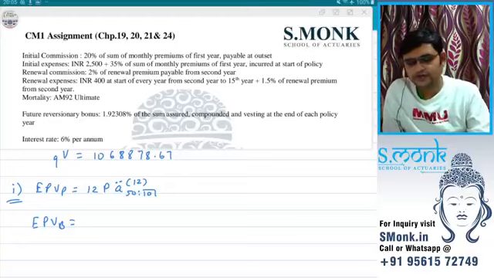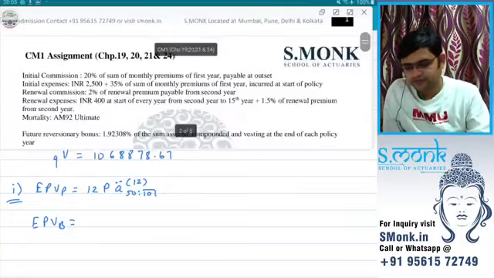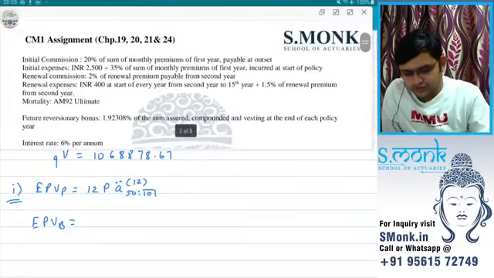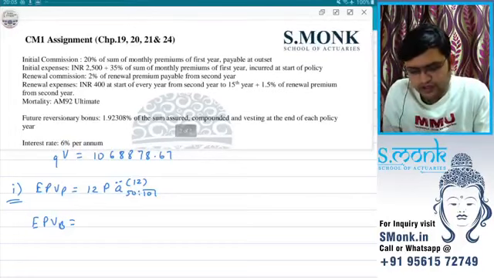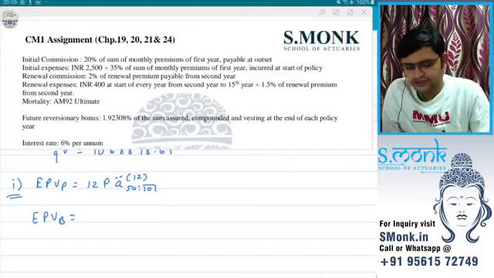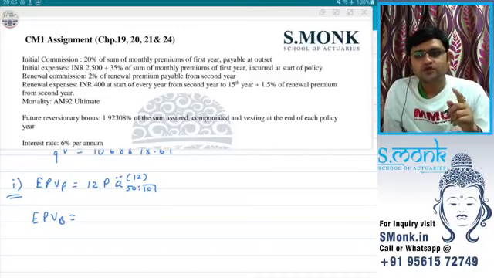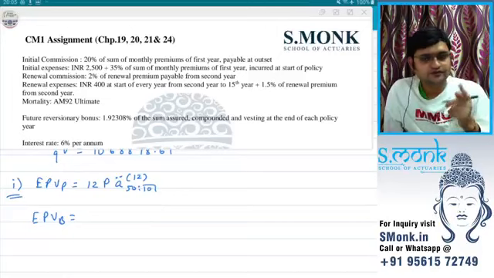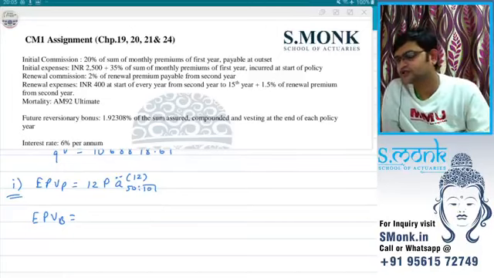We'll take the death benefit and survival benefit separately. Because the sum assured is said to be compounded and vested at the end of each policy year, that means the bonus of the current year would not be given in the death benefit of this year, it would be given in the next year.